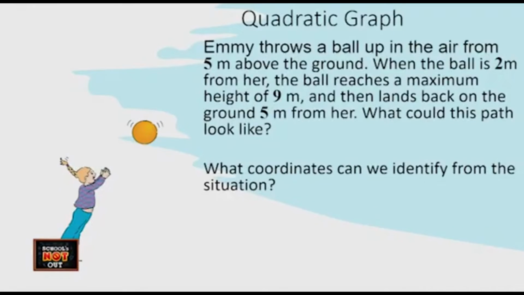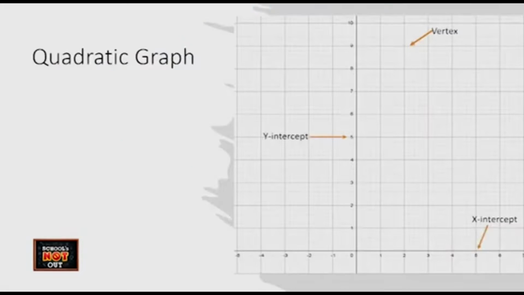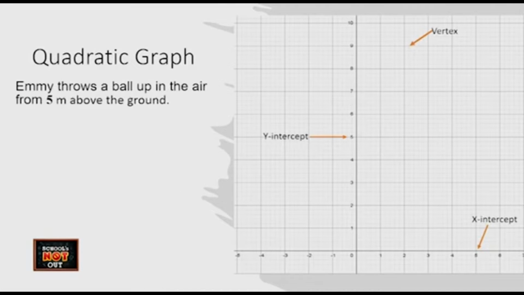All right. Now, can we identify any coordinates from that scenario? So, we started off with Emmy throwing the ball up in the air from 5 meters above the ground.